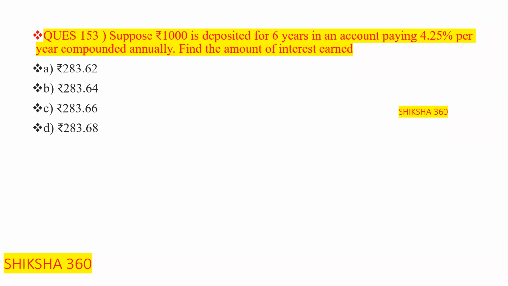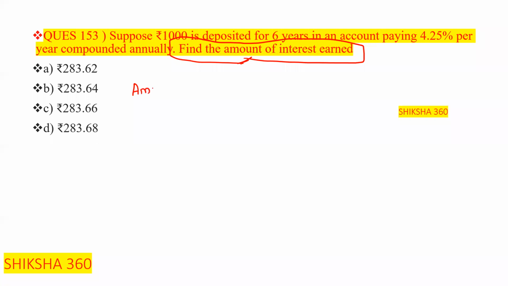Suppose the principal is rupees 100, deposited for 6 years in an account paying 4.25% per year, compounded annually. We have to find the amount of interest earned, that is, how much the interest is.